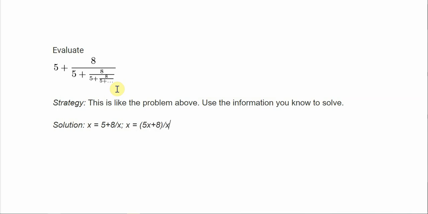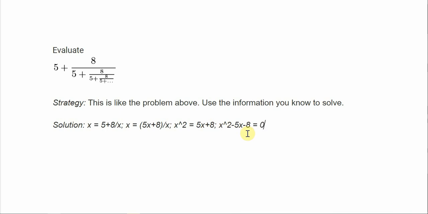Okay, let's multiply x on both sides. And that will result in x to the power of 2 is equal to 5x plus 8. We don't need the parentheses anymore. And using the quadratic formula, you bring all of them to one side, and it goes over to 0.